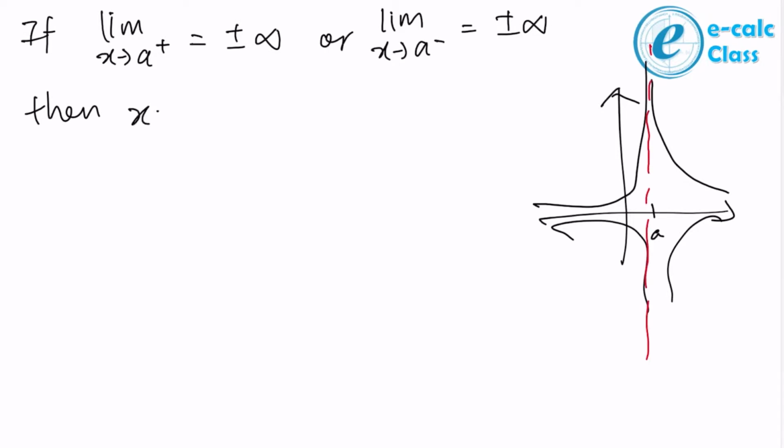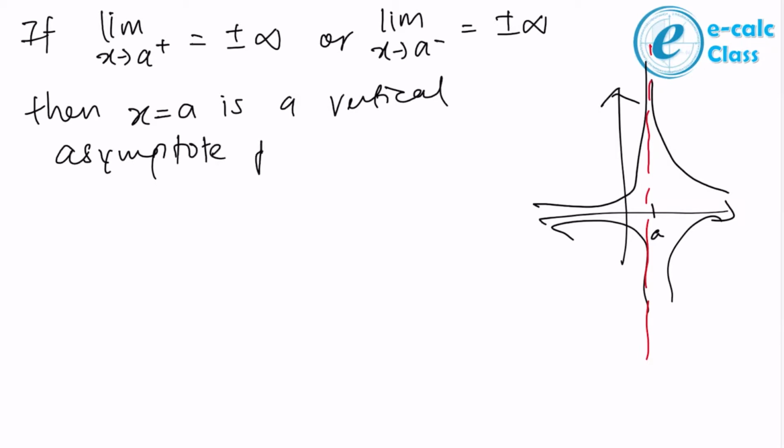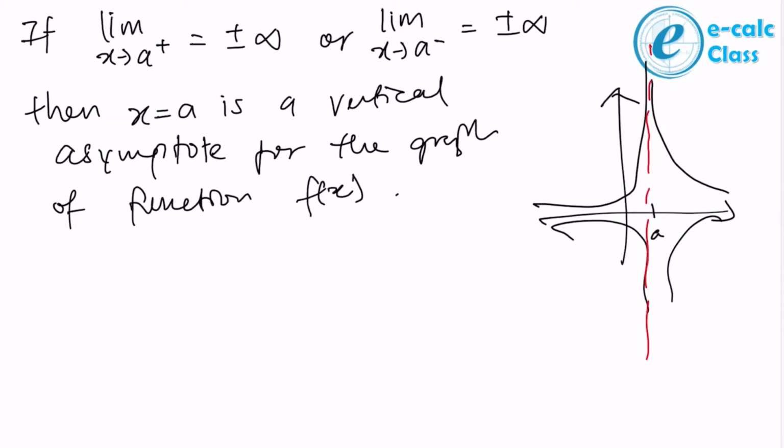So x equals to a is a vertical asymptote for the graph of function f(x). Very easy to understand, right? When we were in the function chapter, dealing with range and domain, we said that x cannot take that value because it will result in undefined. And now you know that it is actually your vertical asymptote.